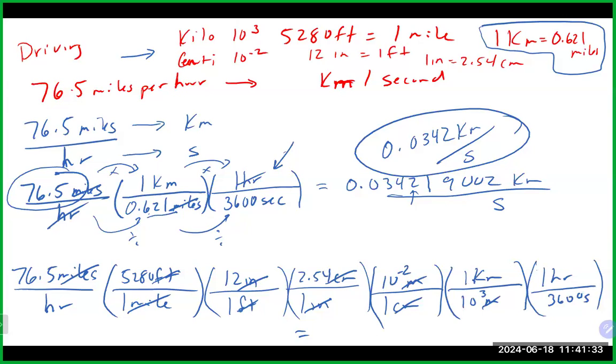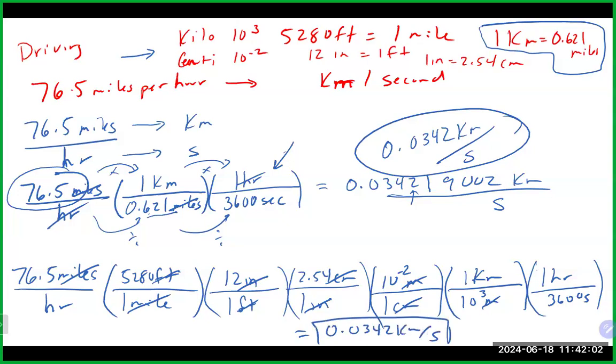76.5 times 5280 times 12 times 2.54 times 10 to the minus 2, which again is 1 times 10 to the minus 2 if you want to punch it into your calculator that way. All divided by 3,600 and a 10 to the 3. That gets you your exact same number of 0.0342 kilometers per second.